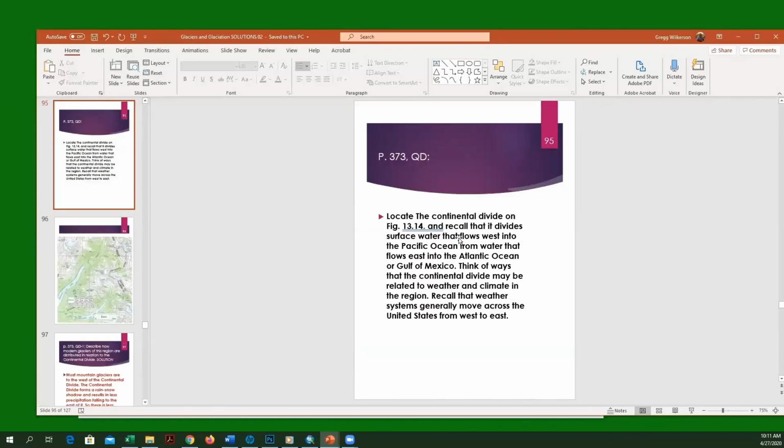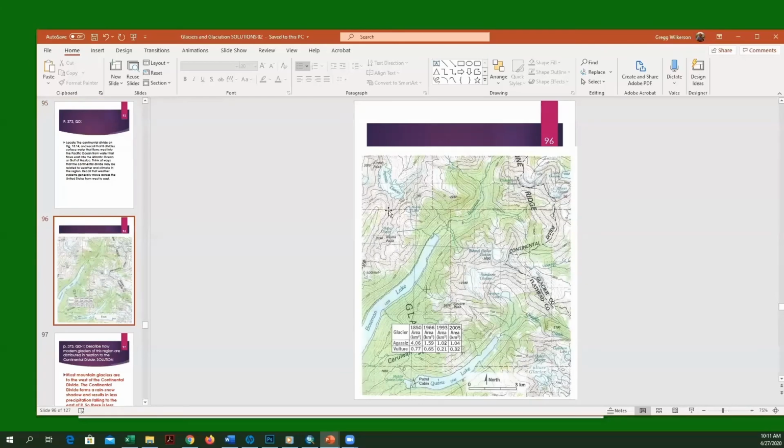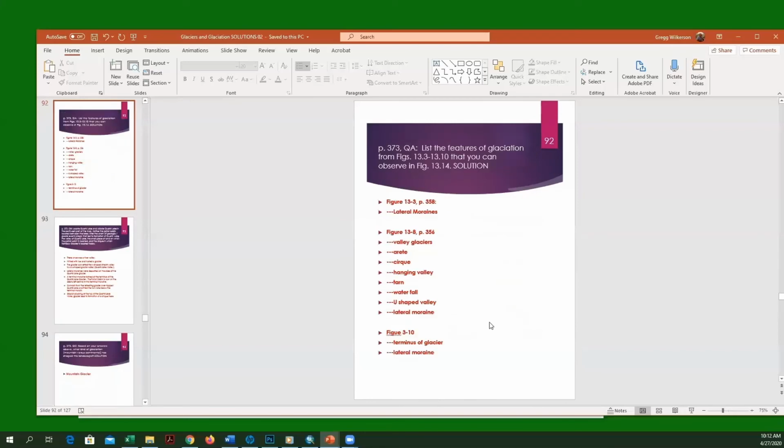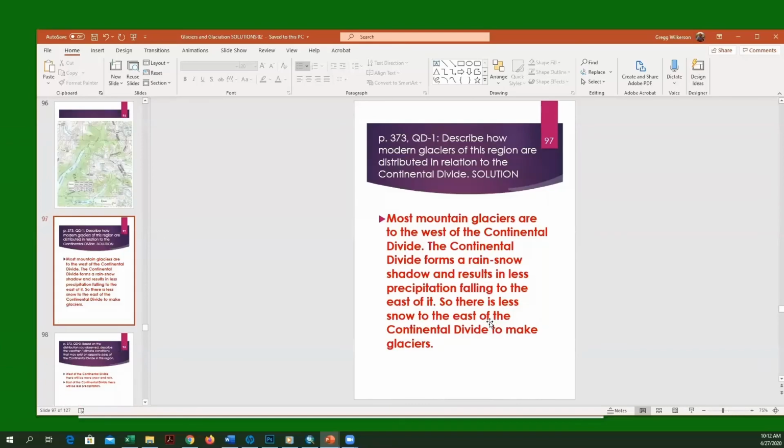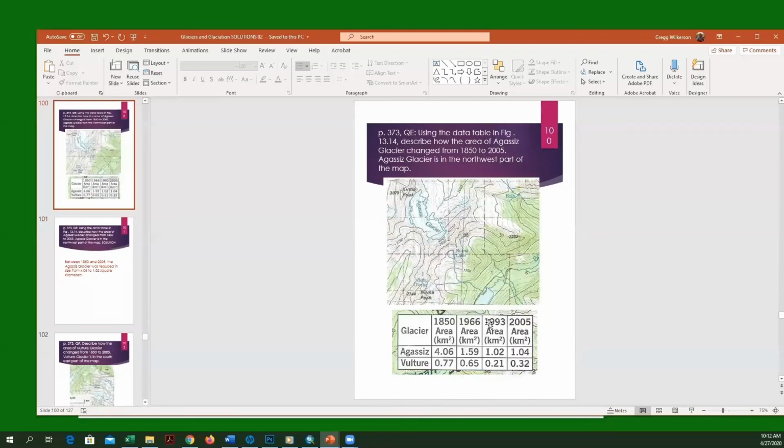What I did here is I just took this and zoomed in a little bit for you, so that you're not going to find some of these illustrations in your text or your manual, because I create them for you in the slide PowerPoint file. So what I did is I took the zoom in for the Agassiz Glacier and put the data here together. So you got two bits of information in order to answer the question.